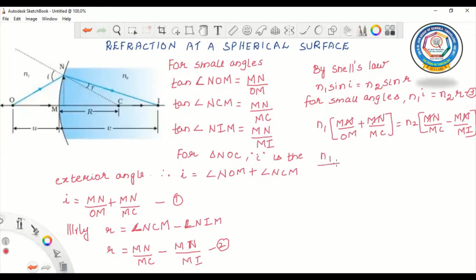N1 by OM. And now we are going to bring this MI to this side. Already this is negative.